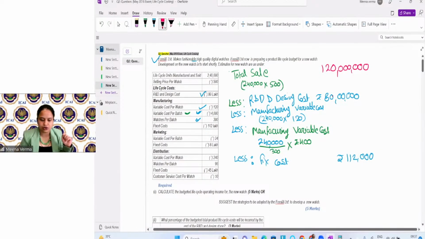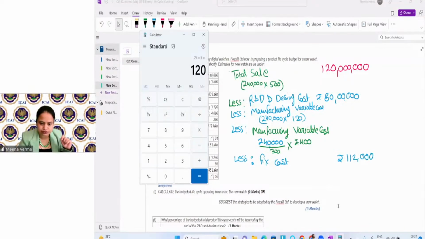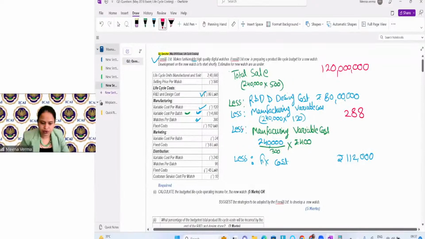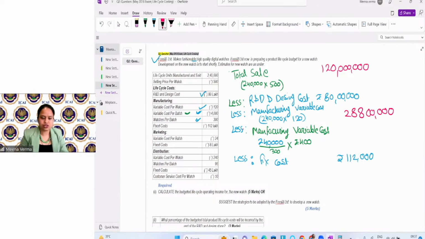Next is the manufacturing variable cost.